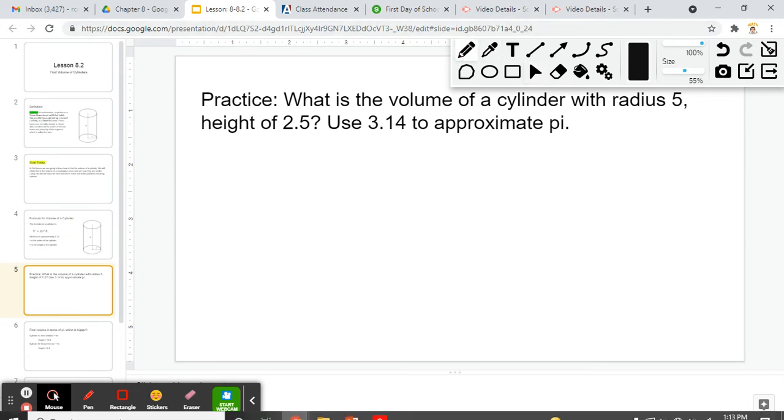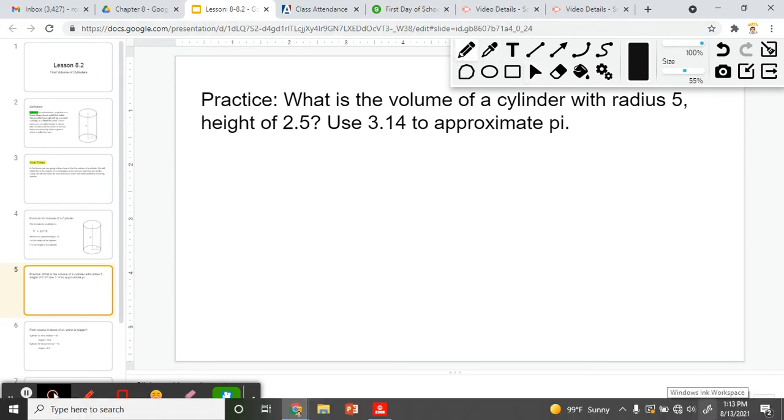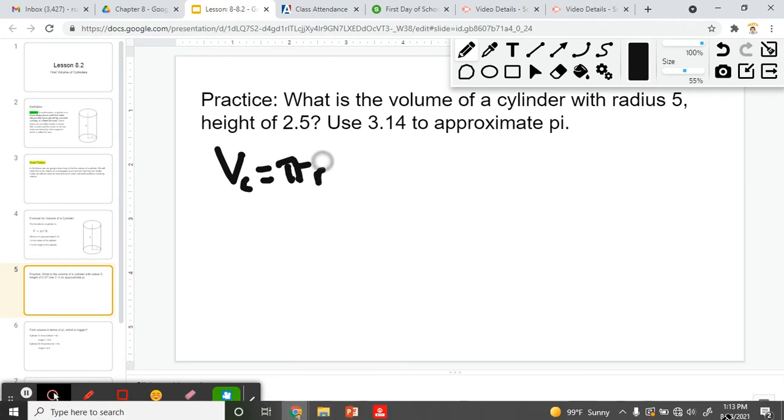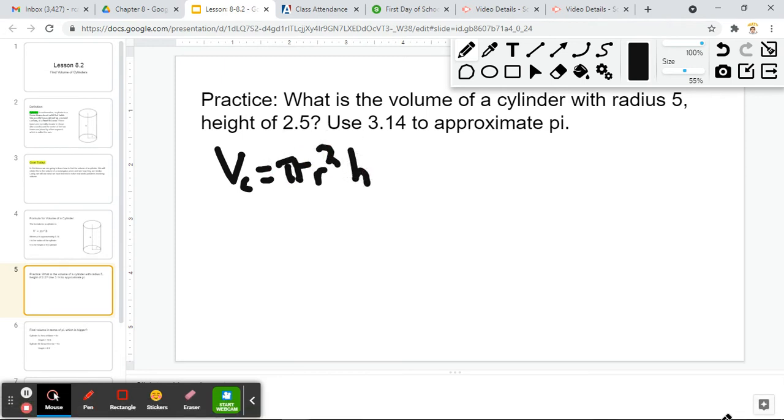All right, so what is the volume of a cylinder with radius 5 and height 2.5? We're going to use 3.14 to approximate pi. So remember, our volume of a cylinder is equal to pi r squared h. So here, this would be 3.14. We're going to substitute that in for pi times 5 squared.